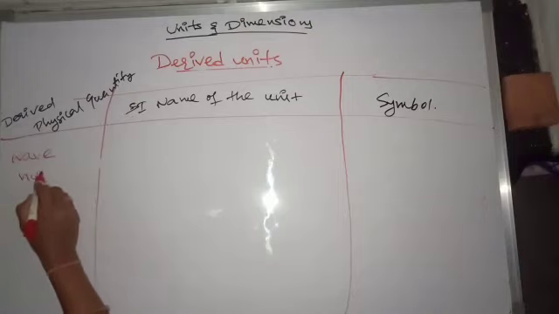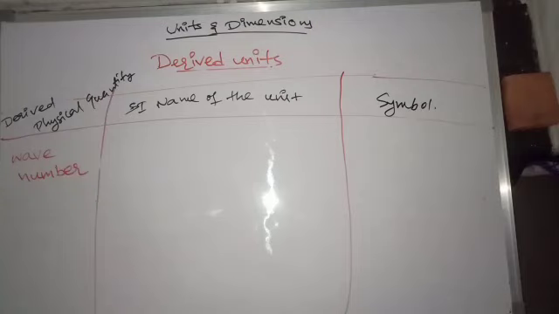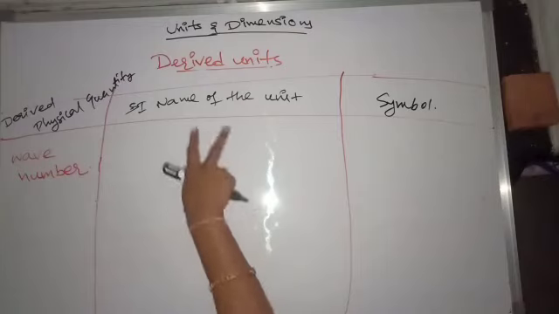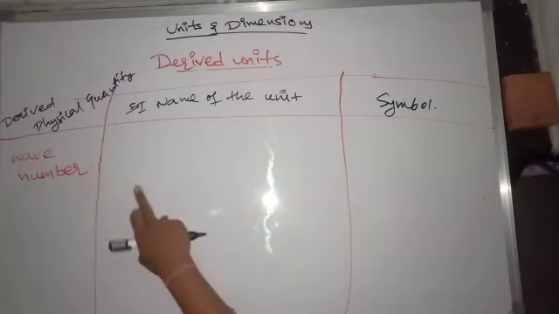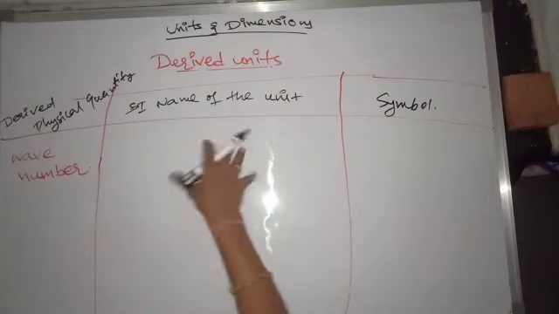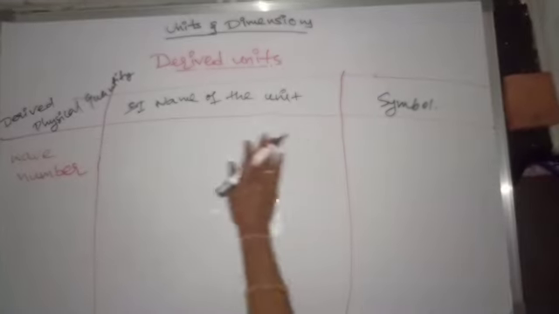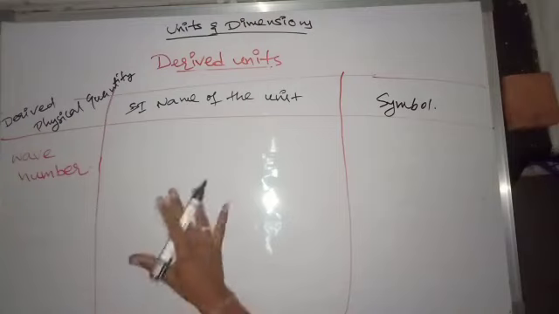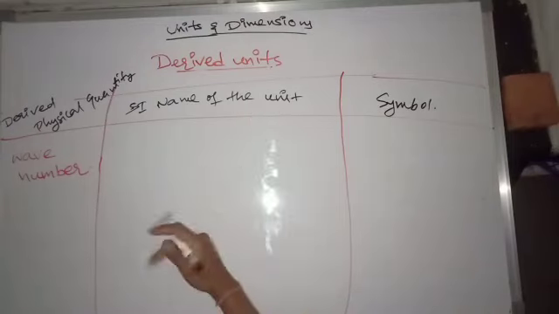Wave number, you just go through these definitions. For learning about units, you have to know the definitions of these physical quantities, so that it will be easier for writing the name of the unit and the symbols. Without knowing the definition, you can't write the name of the unit and the symbols. If you don't know, using these units you can also derive.